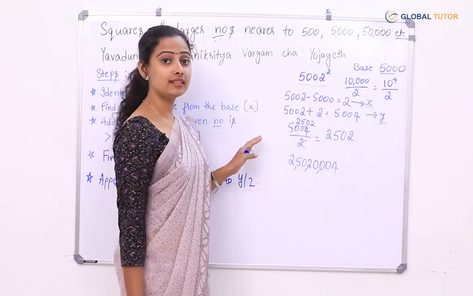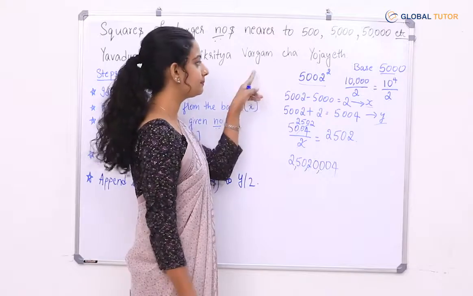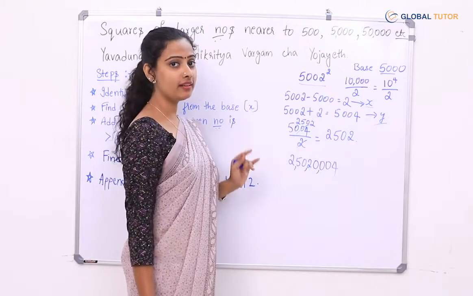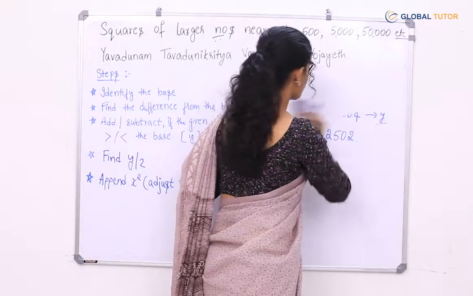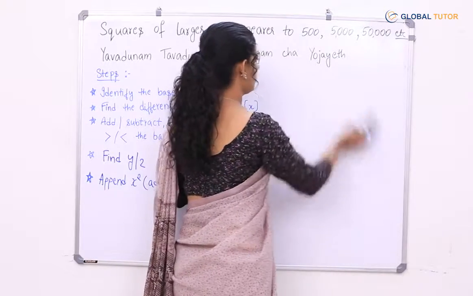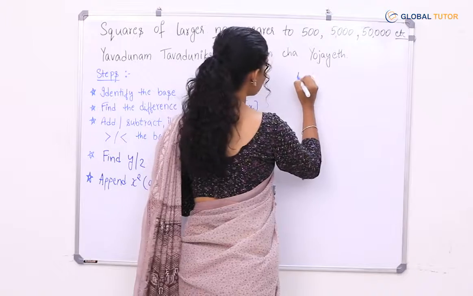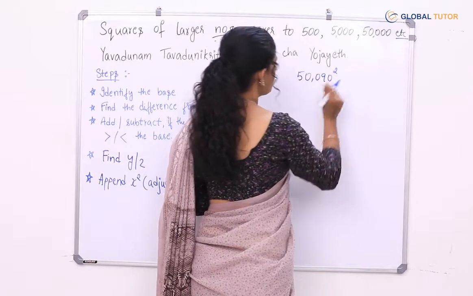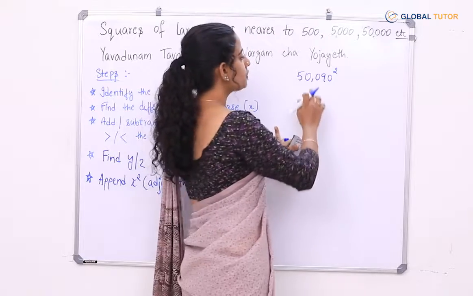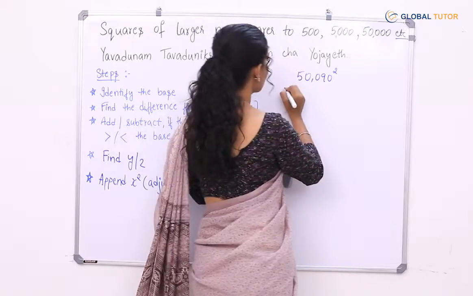Now, let us take another bigger number and see if we can apply this formula and then find out the square. So, now let us take another number, 50,090. Which base can we take for this?